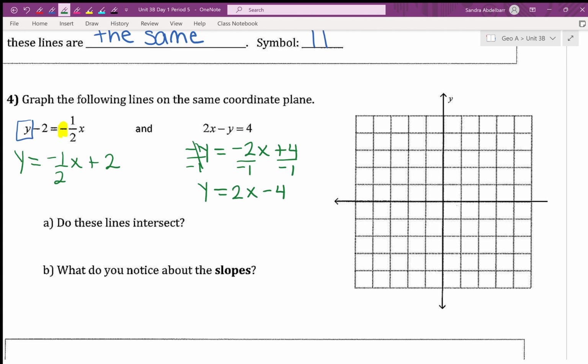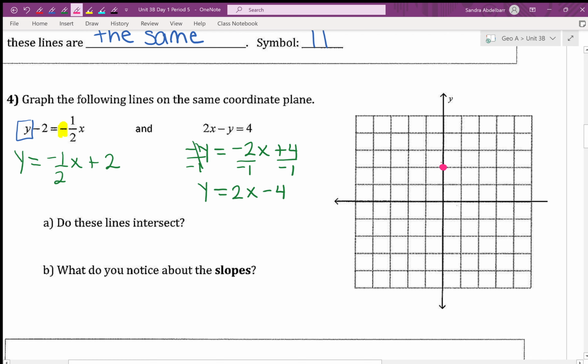Are we ready to graph this now? Okay, Tom, tell me, how am I going to start graphing the first one? You're going to put the y coordinate at 2, and then you're gonna go down 1 and go across 2.